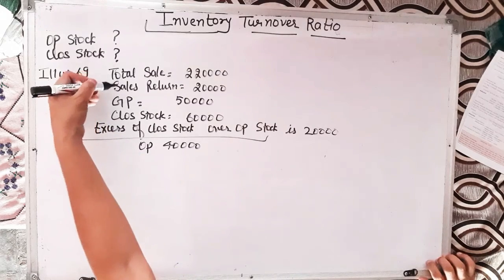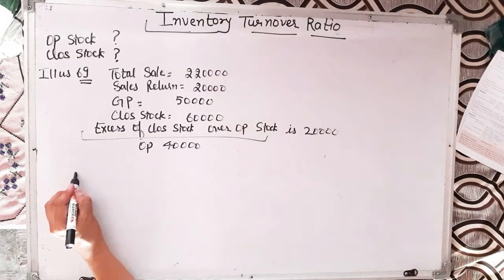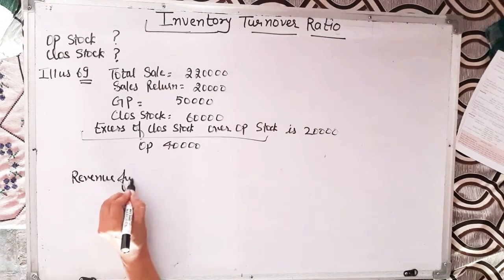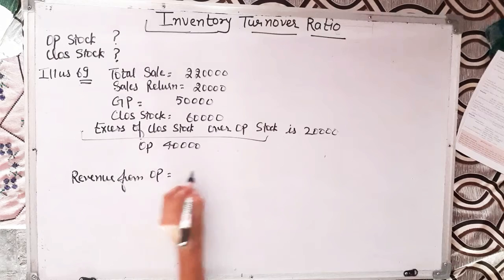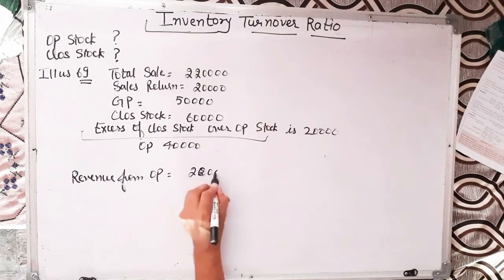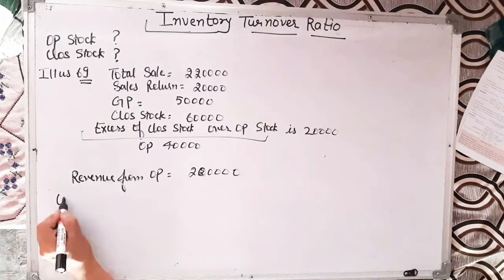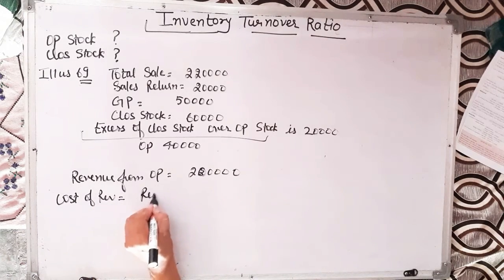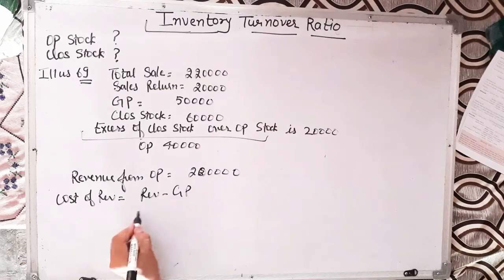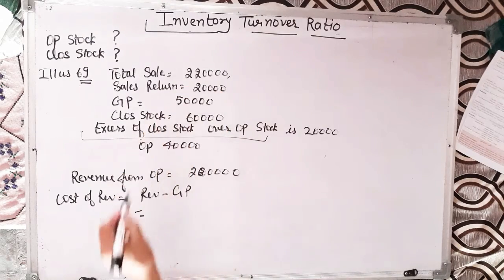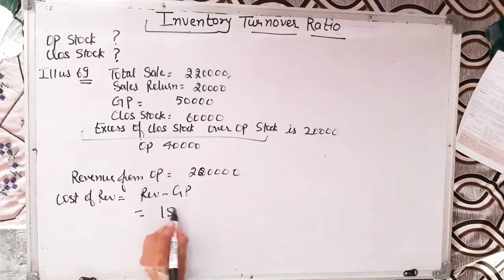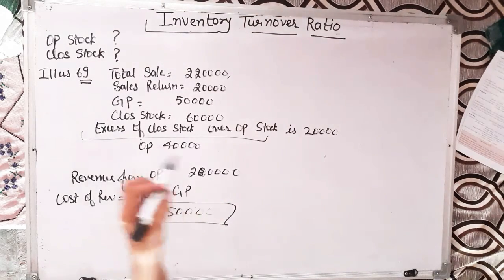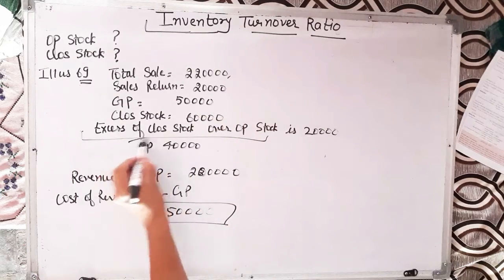Total sale minus sale return, so revenue from operation is equal to 2 lakh. Cost of revenue is equal to revenue minus GP, that is 2 lakh minus 50,000, that is equal to 1 lakh 50,000. Okay, so in this topic we have found the opening stock.